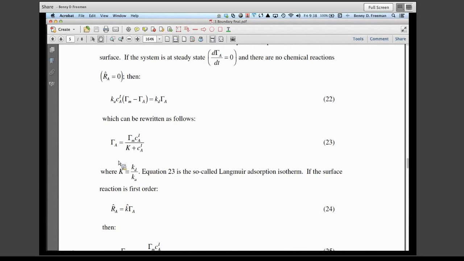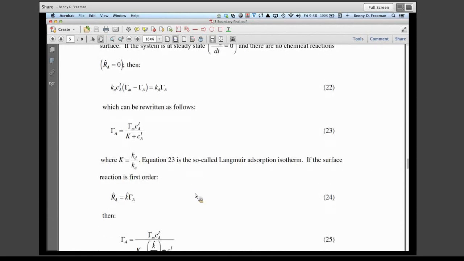And so the concentration of A adsorbed on the surface then depends on the maximum concentration of A that can be on the surface, this ratio of adsorption to desorption rate constants, and the concentration of A that's in the phase next to the surface.